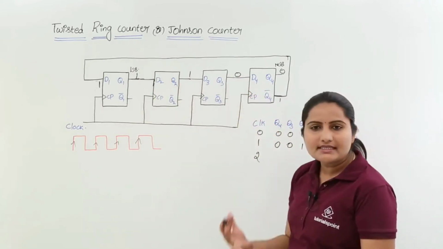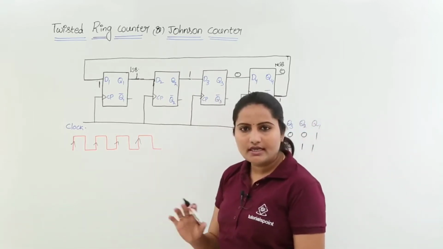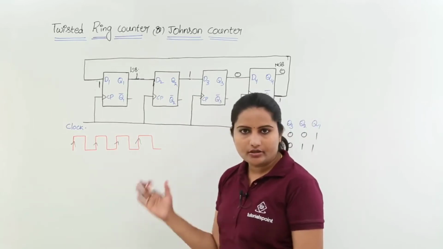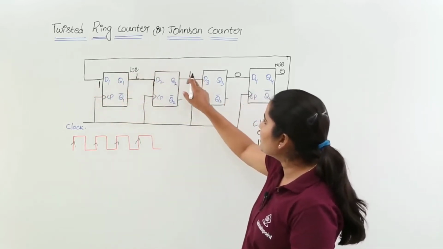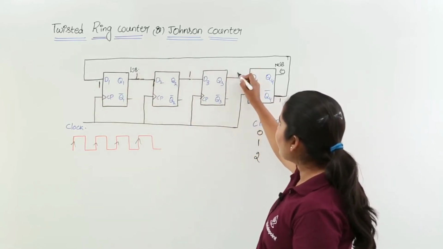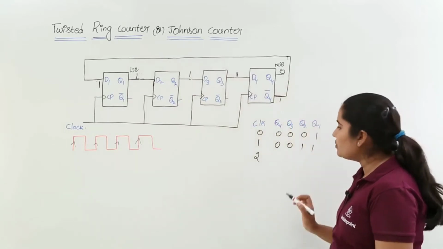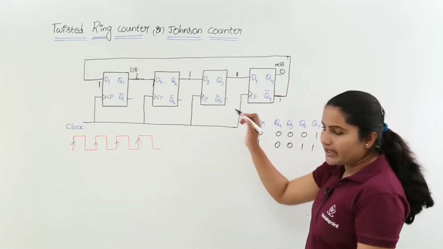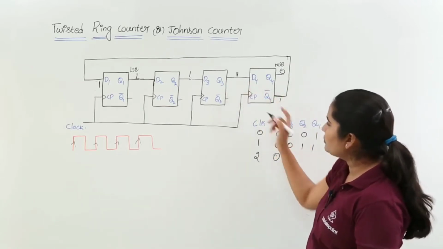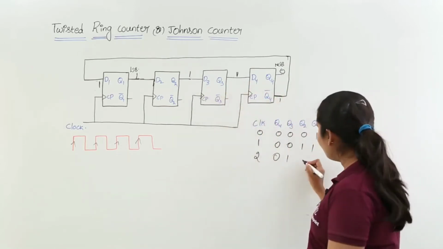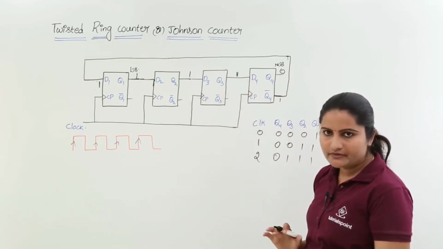When I give the second clock pulse, the D flip flops again pass their input data to output. So the output after the second clock pulse is Q4 0, Q3 1, Q2 1 and Q1 1.